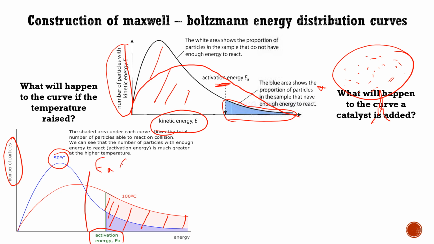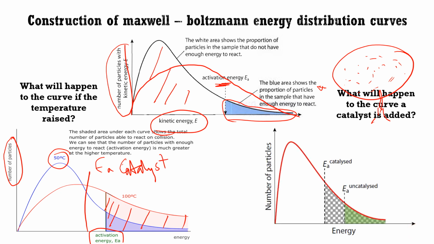So this is the activation energy when we have a catalyst. It could be clear here in this graph. With a catalyst, the activation energy needed is much lower than the activation energy when we are having the reaction without a catalyst.